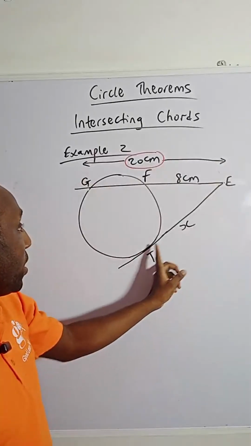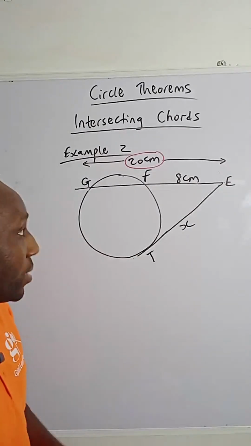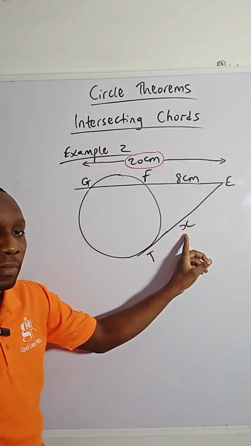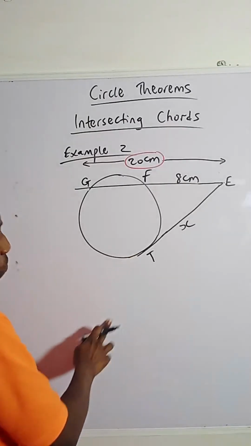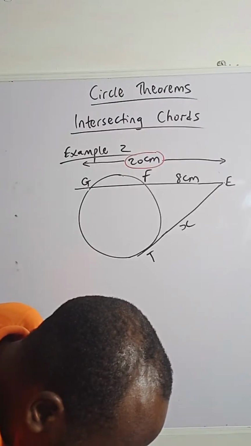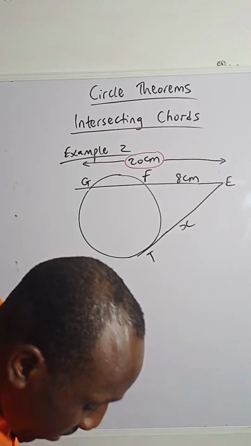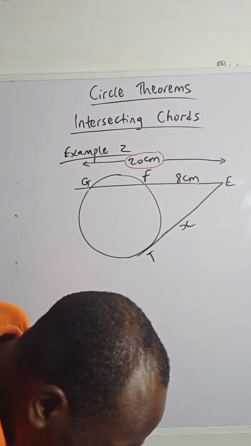You have TE as X. You need to find X. GF is 5. Somebody said 12. Thank you. Oh, you got it. GF is 12.